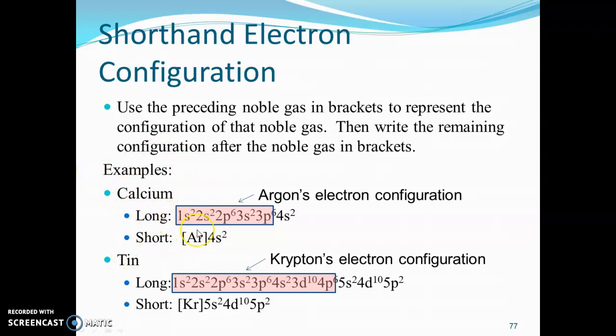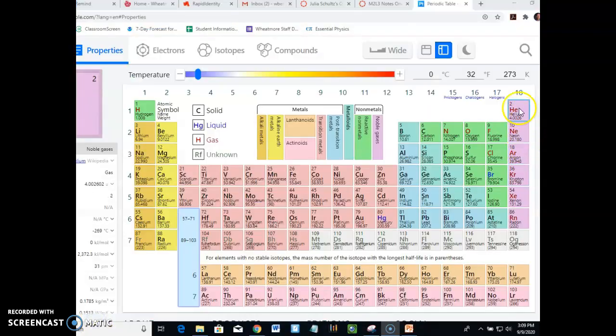And you look back and you find, oh, it's argon. If you're like, hey, Mr. Benner, how do you know which ones are noble gases? Let me show you. All right, so here are the noble gases. They're on the far right side of the periodic table. There is helium, neon, argon, krypton, xenon, and radon. So those are your noble gases that you could potentially use for noble gas configuration on the periodic table.